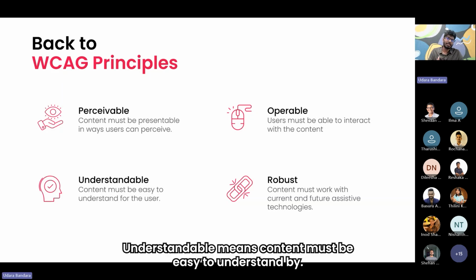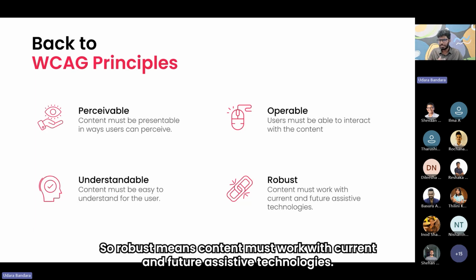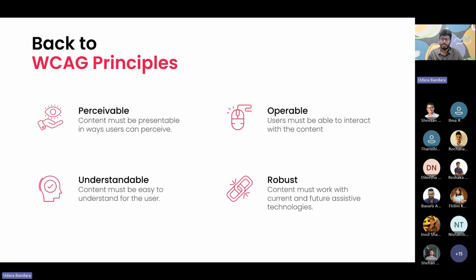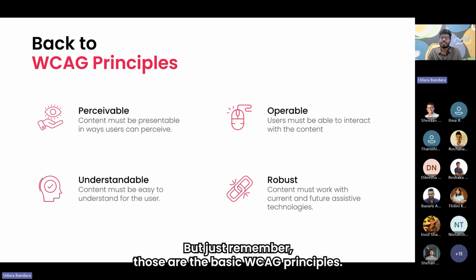Understandable means content must be easy to understand for users, even with disabilities. Robust means content must work with current and future assistive technologies. We'll see how we can apply those in code later, but just remember those are the basic WCAG principles.